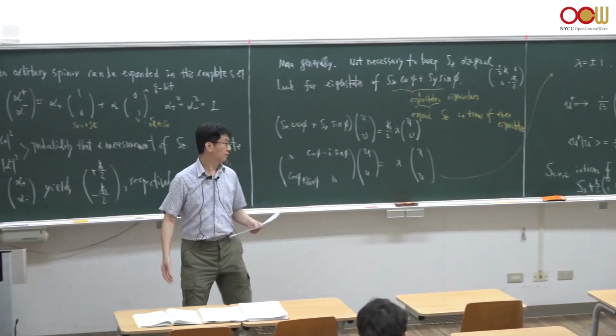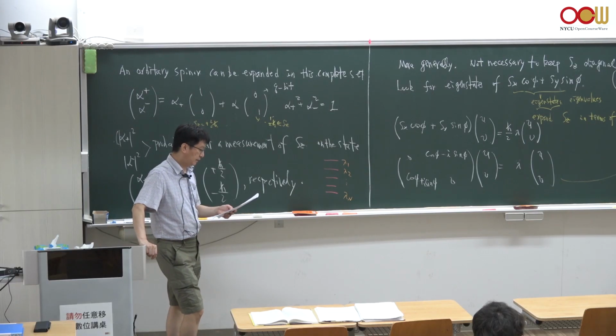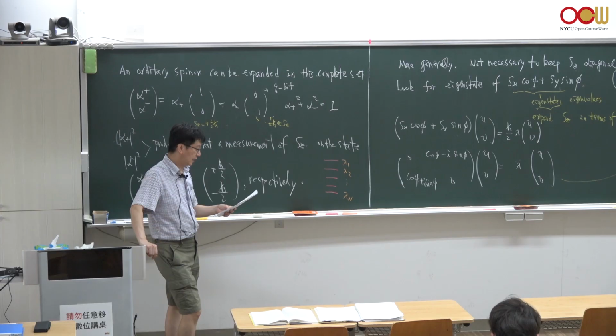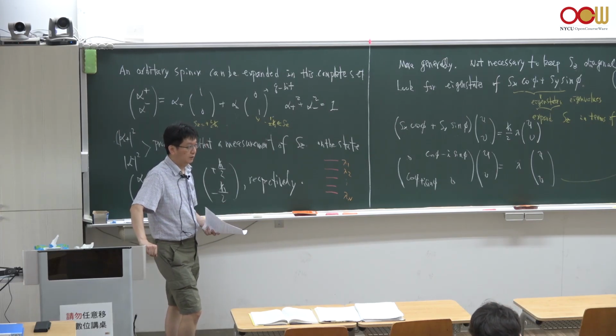So let's take a very short break, and when we come back, we will try to calculate the expectation value of the three spin angular momentum operators given any arbitrary initial state.